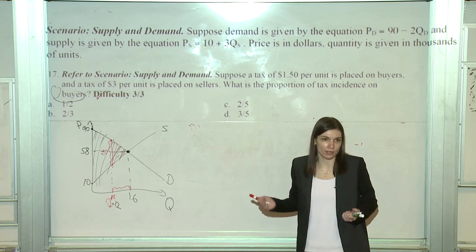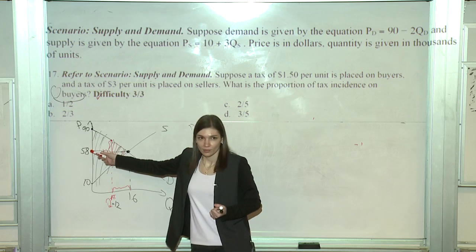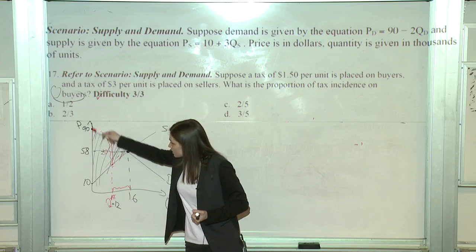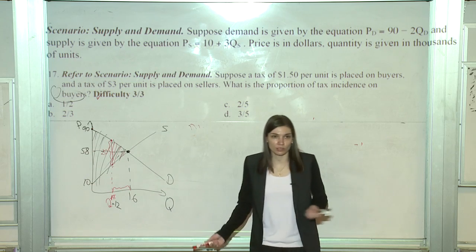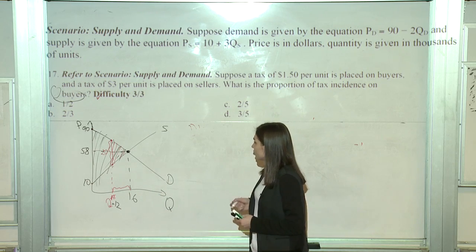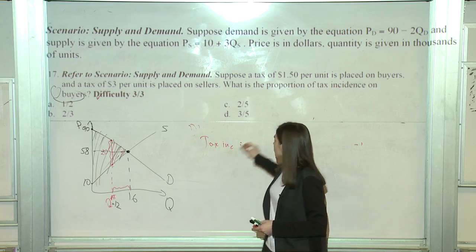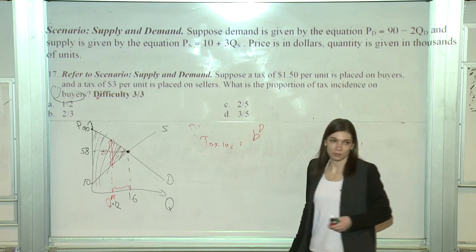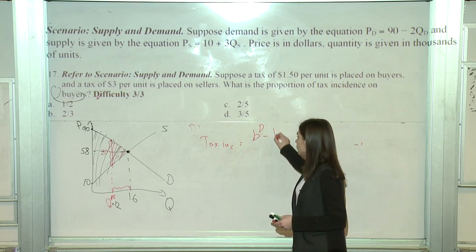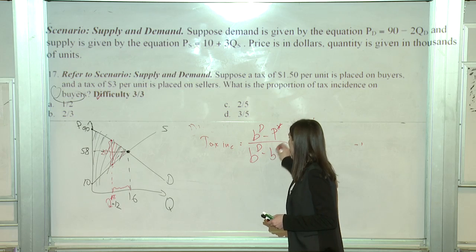Here we asked what it is. We calculated that already. We know it's the ratio of this distance to that distance, and we know all the values here. We've calculated them before. So the tax incidence on buyers is going to be the difference between the intercept of the demand curve and the equilibrium price divided by the difference between the two intercepts.